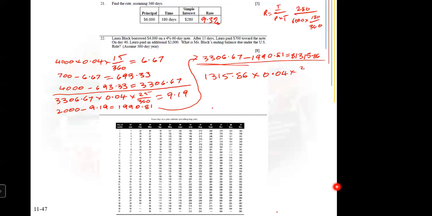So 20 out of 360, and that works out to $2.92. And so the amount you owe at this point would be the 1,315.86 plus the 2.92. So your final ending balance should be 1,318.78. That's it for that.